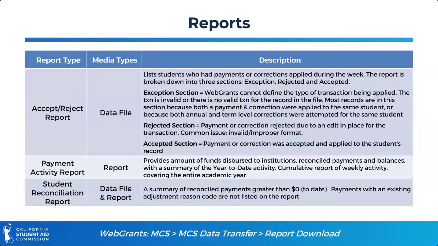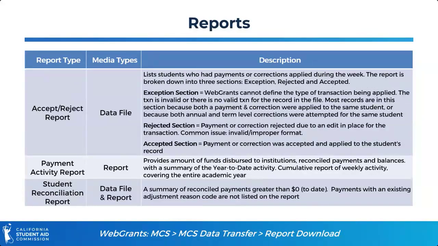We have our accept reject report. This one lists students who had payments or corrections applied during the week. The report is broken down into 3 sections: exception, rejected, and accepted.